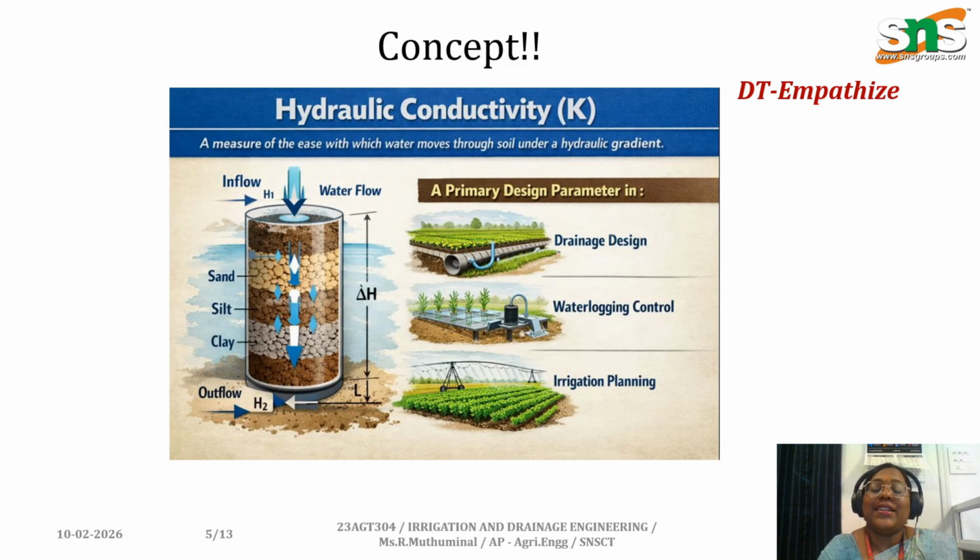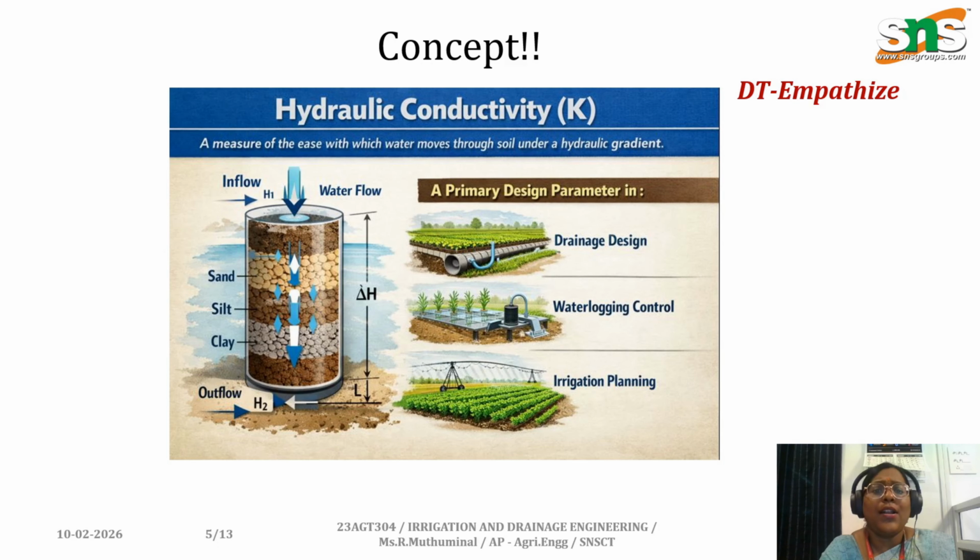It is a primary design parameter used to calculate drain spacing and manage the water logging as it dictates the rate of water movement through the soil profile under hydraulic gradient, as shown in this pictorial representation.